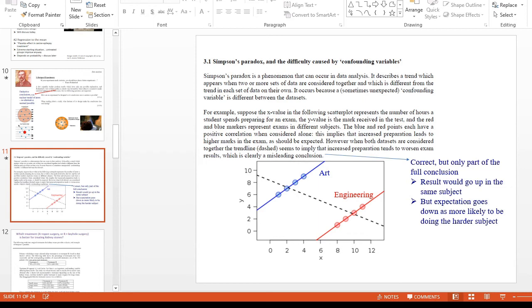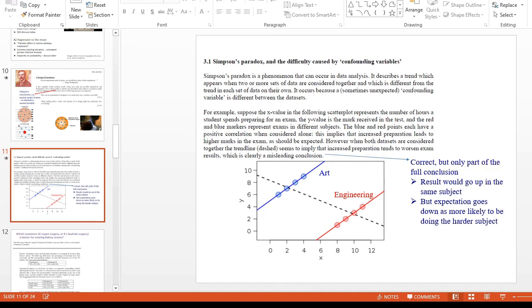Of course, the full conclusion would be that the result would go up within the same subject, but the dashed line, which predicts a correlation of lower test marks for more hours work, is partly correct, simply because if I point across the building and tell you that a particular student has done a large amount of revision, that increases the confidence in your mind that I'm pointing at an engineering student who, because they're doing a hard subject with challenging tests, is actually likely to get a lower mark than some student that I pointed at who said they did very little work, and you say, oh, they're going to be a generously marked art student.